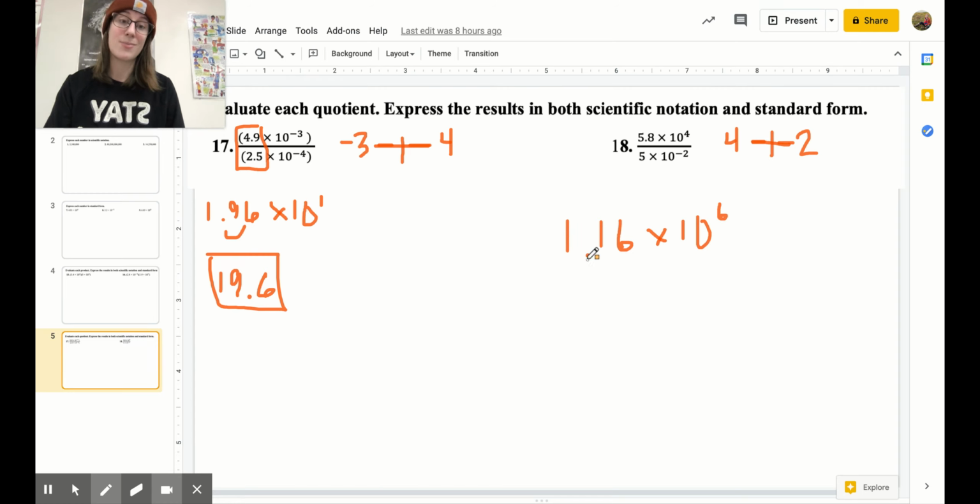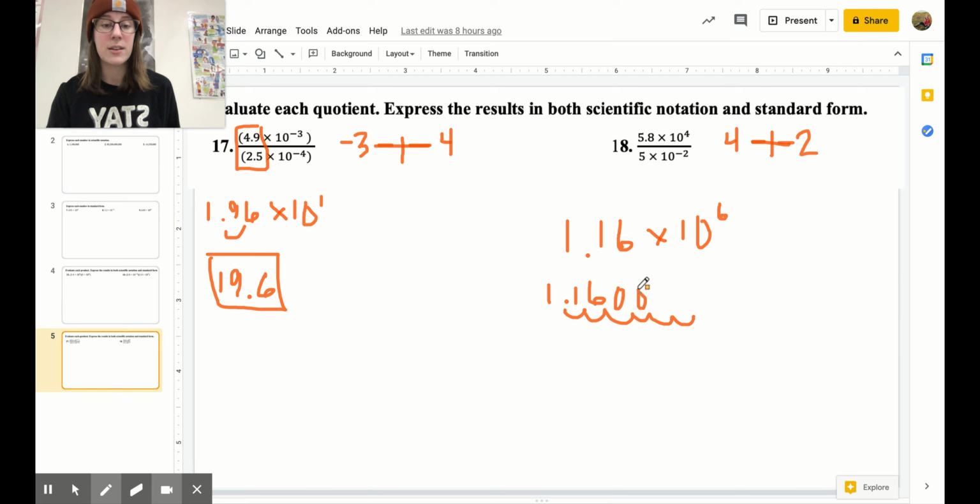The last part of this is making it into standard form, so we're going to move this 1.16, going to move the decimal 6 times. Because it's a positive, you know it's going to be a big number. So you're going to count 1, 2, 3, 4, 5, 6. Every empty little spot, we're going to add a 0.